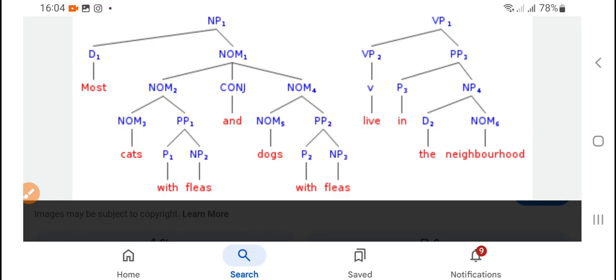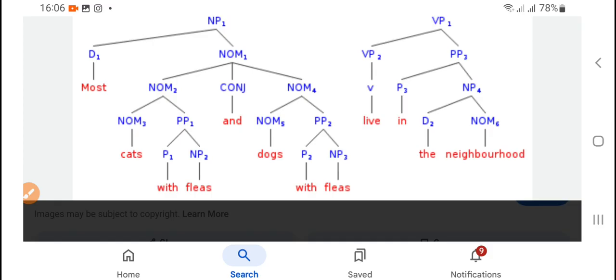So that is what we can say. Okay, now that is NP, a nominal phrase 1.